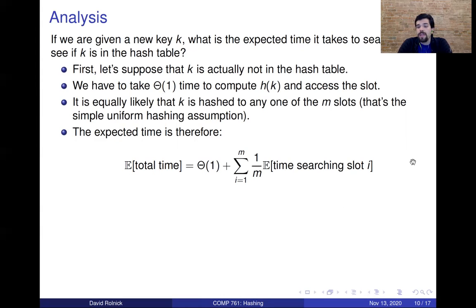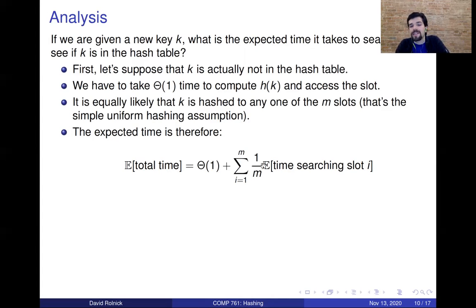When you're thinking about it, we're going to have to search a slot that has some stuff in it. And remember, this is a key that's not actually in the hash table. So we're going to have to go through the entire list in that slot. And then when we get to the end, we're going to say, oh, no, it's not there. So the time required to search the slot is just the length of the list in that slot.